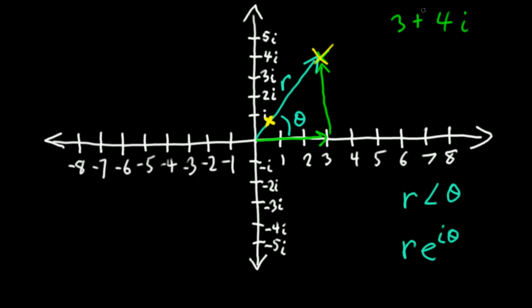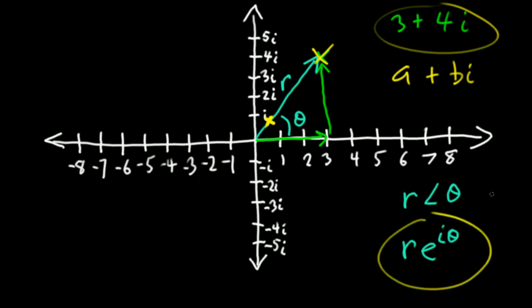You can do it in rectangular coordinates, and sometimes people will say a plus bi or something like that, or in polar coordinates where you use r times e to the i theta, or r at an angle of theta. And sometimes polar coordinates are more convenient than rectangular coordinates, and at other times rectangular coordinates are more convenient than polar coordinates.